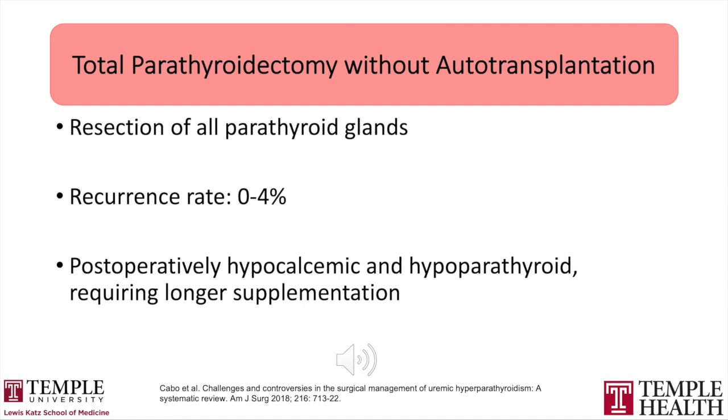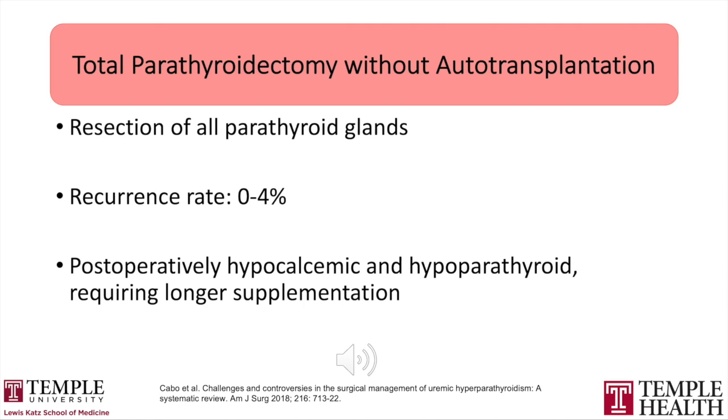The last option for an operation for these patients is a total parathyroidectomy without autotransplantation. And in this operation, you simply resect all 4 parathyroid glands. You don't reimplant anything. You assume that they have small parathyroid rests in their thymus, and these will kind of do the work over time if needed. But these patients get pretty bad adynamic bone disease because they have no parathyroid glands to help mitigate their bone health.